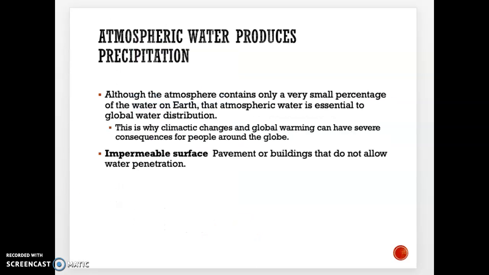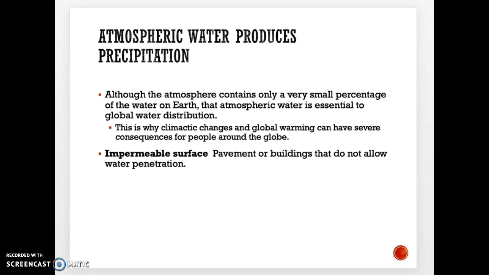And then this last slide for this module, module 26, talks about atmospheric water producing precipitation. There's only a very small amount of moisture in our atmosphere, but it is essential to global water distribution.